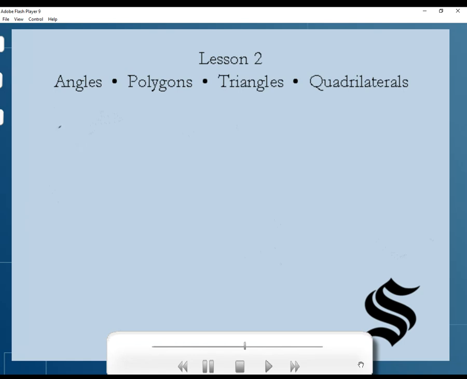Now, one of the things we also want to remember is if you have a polygon, no matter how many sides there are, each segment of a polygon is called a side. Each corner or endpoint is called a vertex.